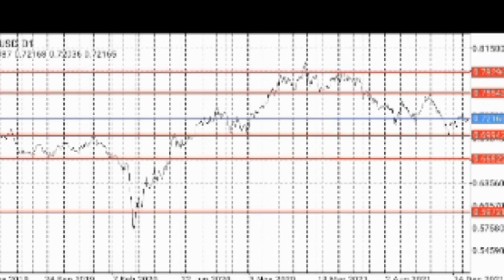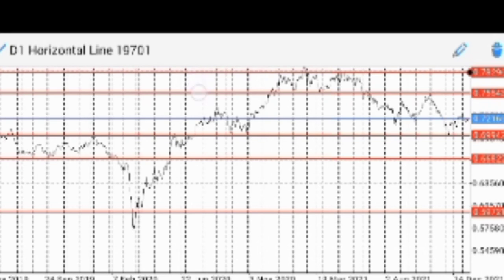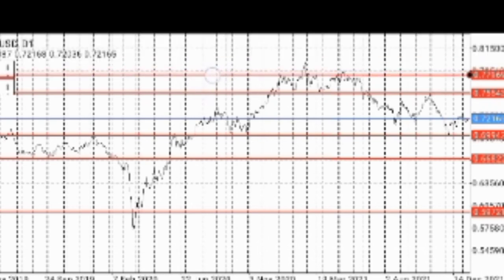I'm seeing it touching only 1 point, so I can adjust it, come down a little. Good. So with this, it's touching 1, 2, 3. It's touching 3 points now.